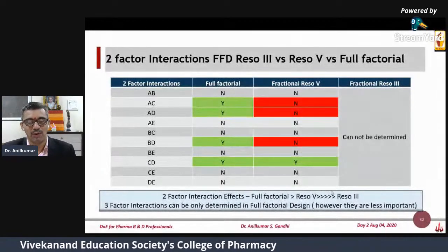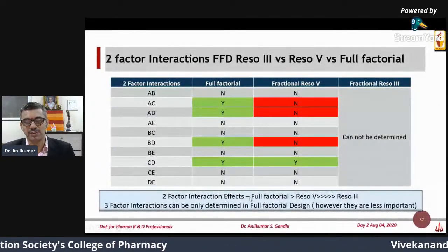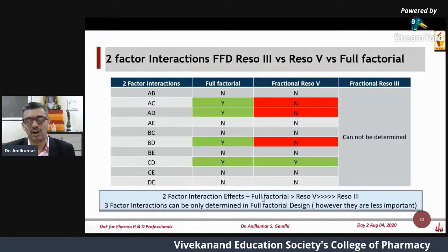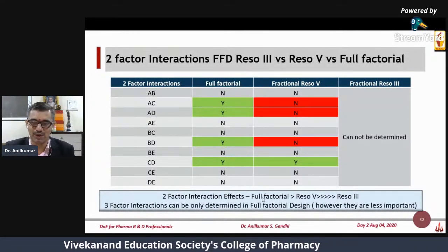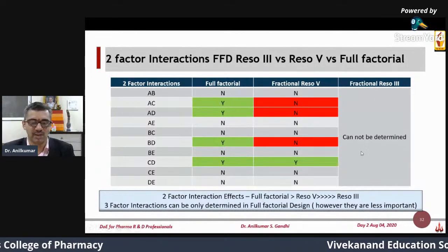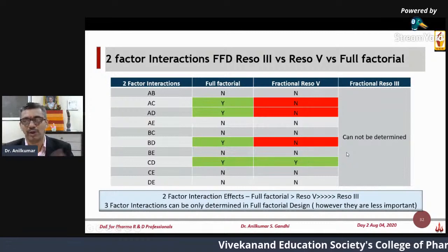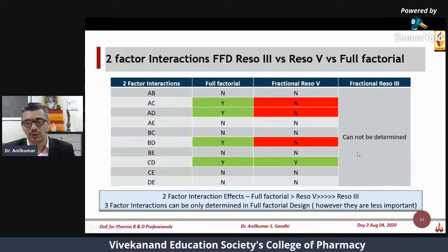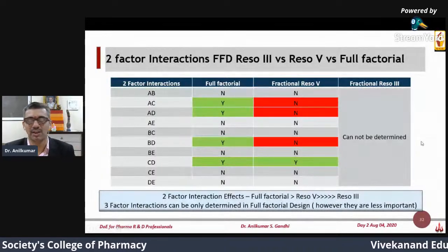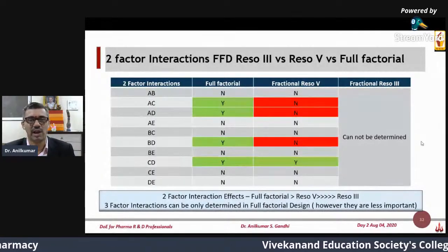Okay. So when we talk of 2-factor interaction, obviously the full factorial is better than Reso 5, which is much better than Reso 3, where you can't determine any interactions. So this is how the selection and the screening of the design will happen.